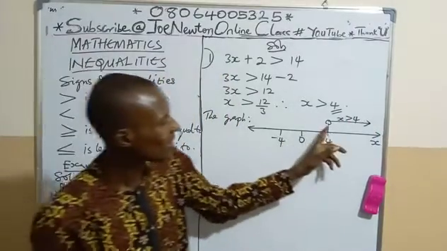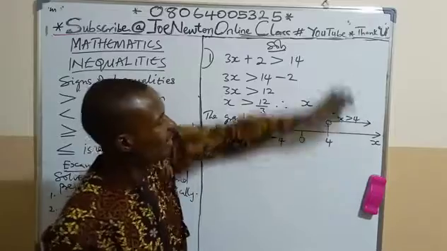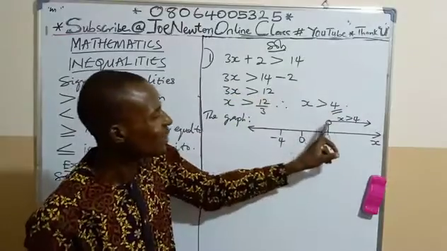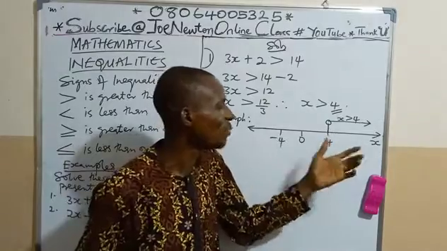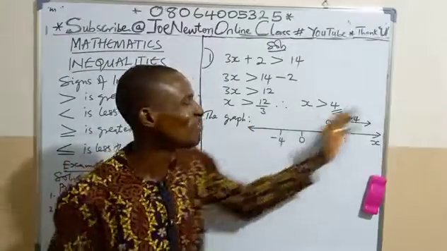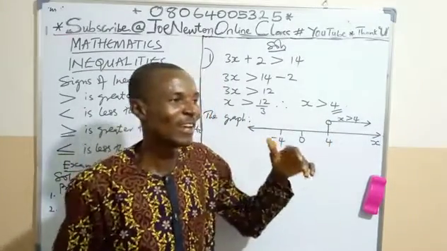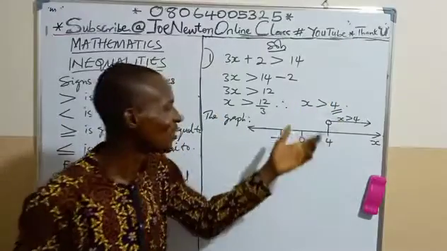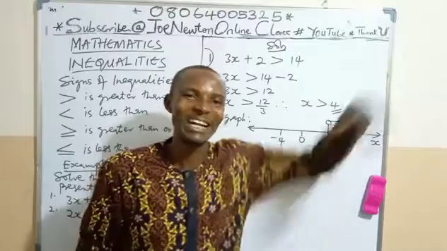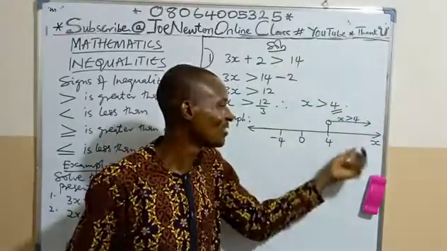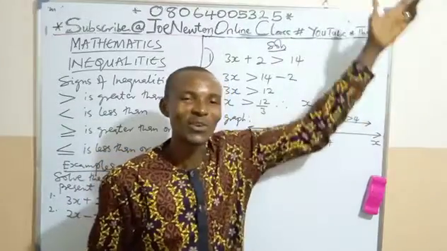This represents the solution, that x could be any value more than 4. This is a range of values, so it goes to infinity. The value of x could be 5, 6, 7, 8, 9, and continues.